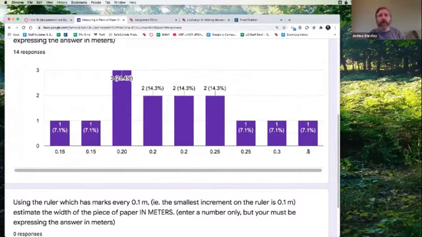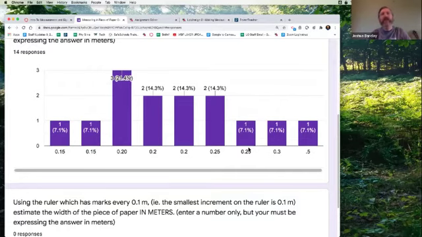Some people say 0.5, some people say 0.3, some people say 0.2, some people say 0.1. You guys, we are disagreeing in the tenths place. That means that you cannot say, oh, it's 0.15. We're not even sure it's 0.1. You can't say it's 0.20. We're not even sure it's 0.2. You can't say 0.25. We're not even sure if it's 0.2 or 0.3 or 0.1.